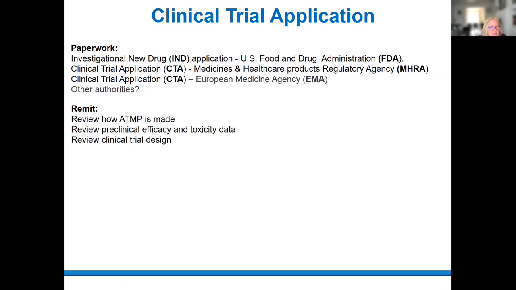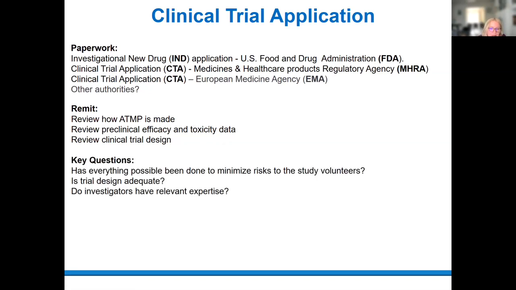The remit of the regulators is to review how the gene therapy product or the advanced therapies have been made. They have to review all the preclinical efficacy and toxicity data, and they have to review your clinical trial design to agree that whatever you're proposing to do in the patients is actually the right thing to do. And the key question that the regulatory bodies are asking us is whether we have done everything possible to minimize the risks to the study volunteers.